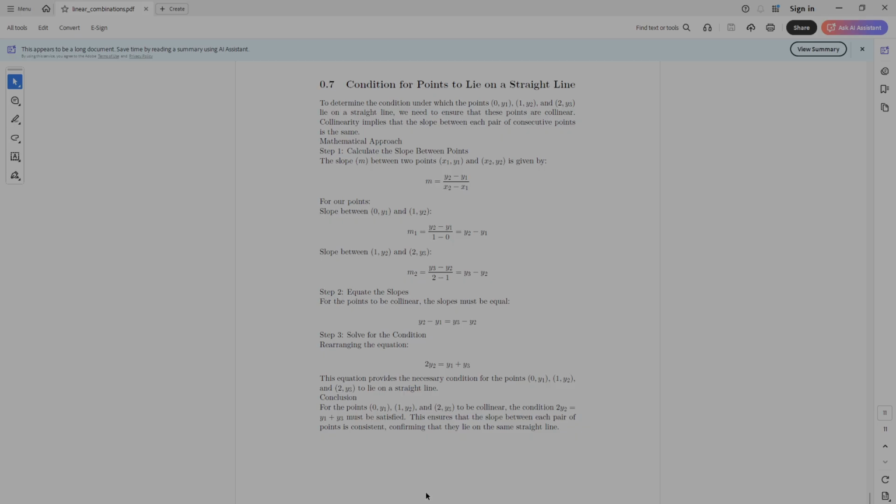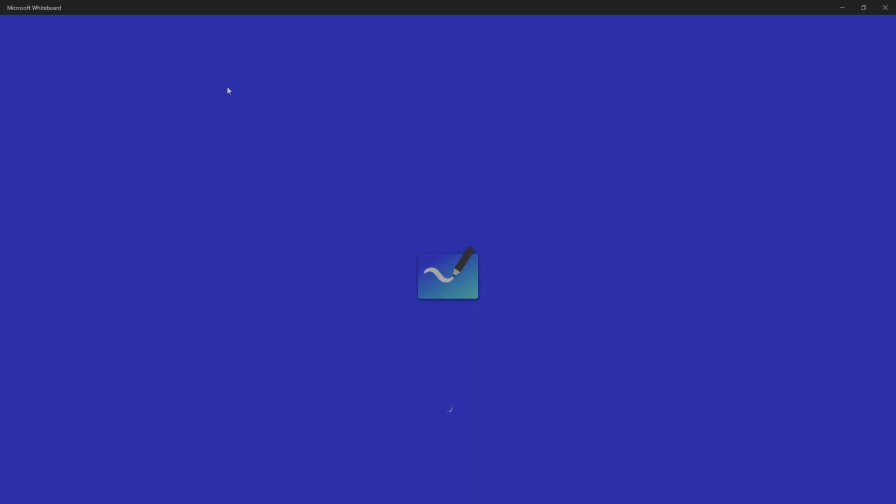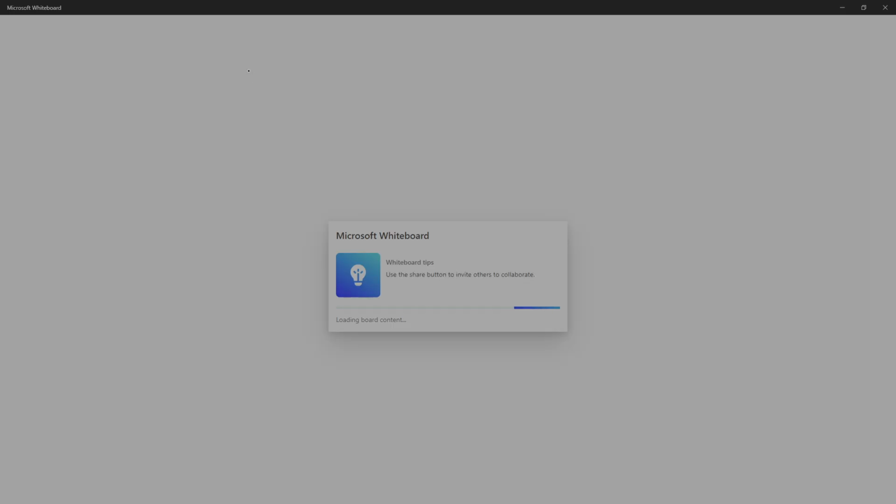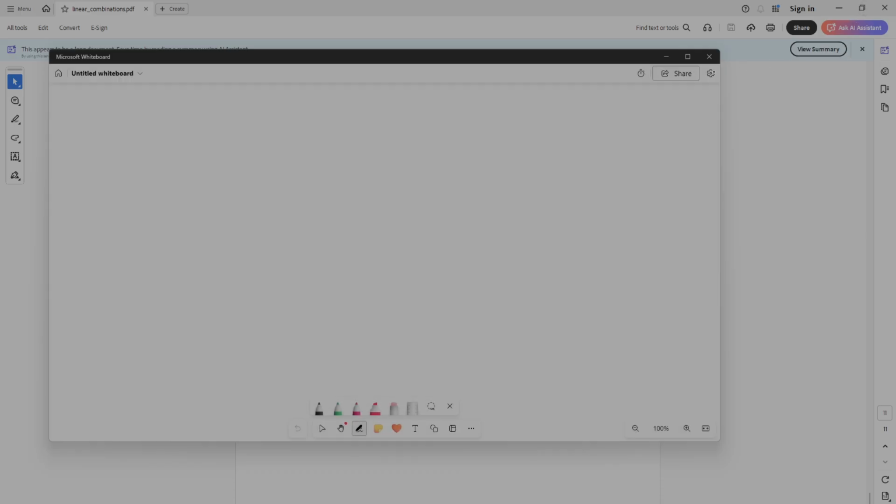One thing I wanted to show you that I noticed right now is that when we have the condition 2y2 equals y1 plus y3, we can solve for y2 and we get y2 equal to (y1 plus y3) over 2.